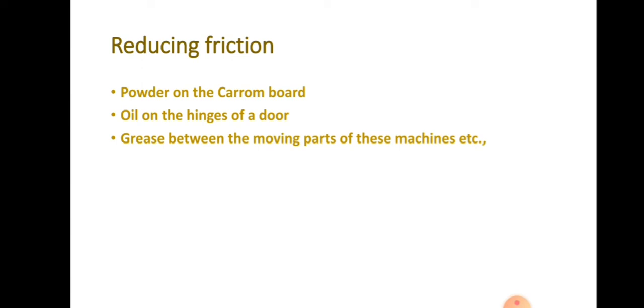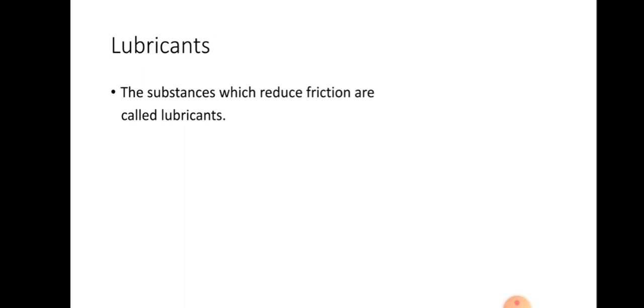The next one, lubricants. Lubricants are the substances, like the oil and grease we are using, that reduce friction. They are called lubricants. In some other machines, we do not apply grease or oil.